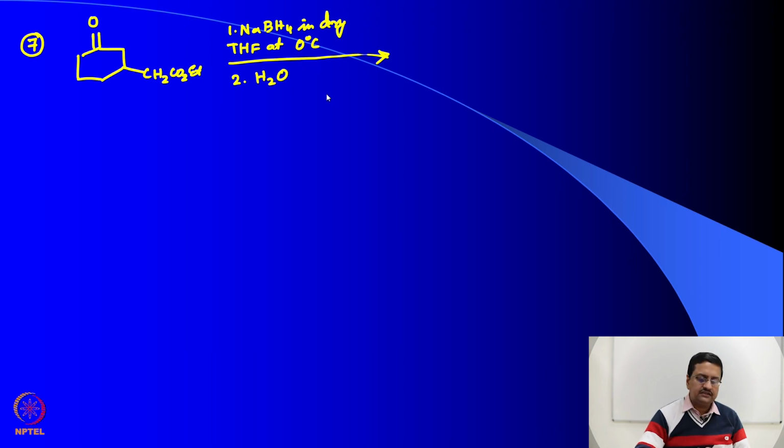What will be the reaction product? As you know, sodium borohydride is a mild reducing agent, so it will reduce your ketone to alcohol and make it a chiral center, keeping the ester unaltered. So this will be a racemic mixture.